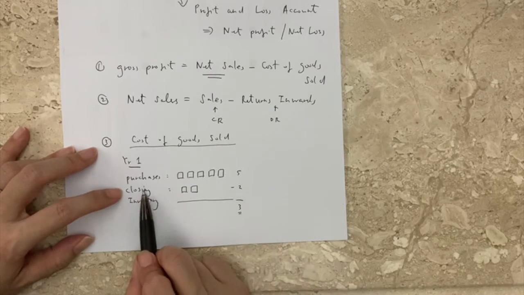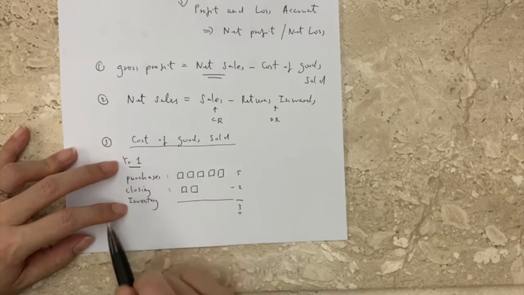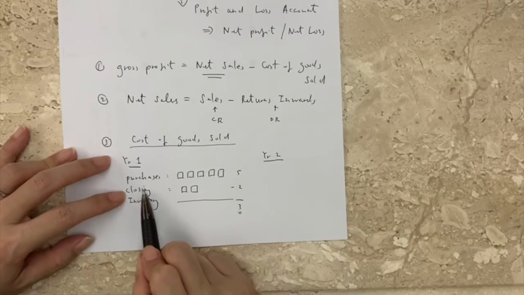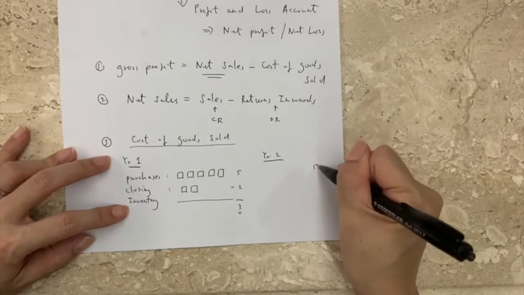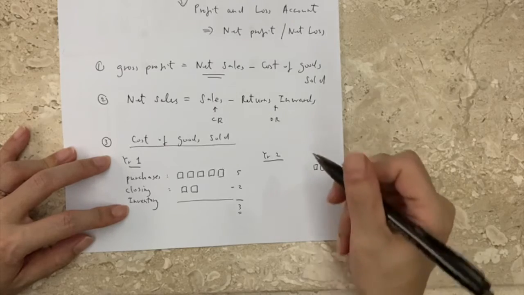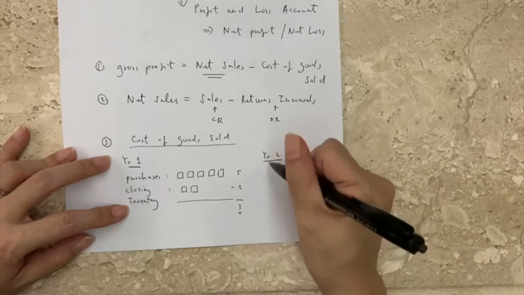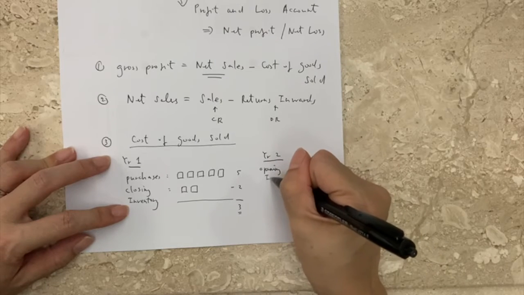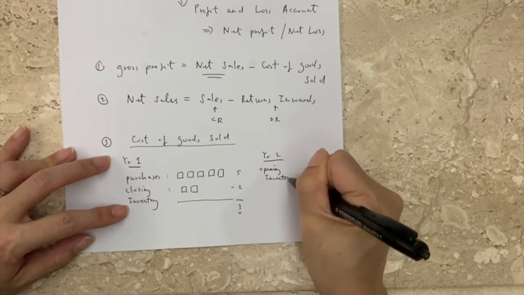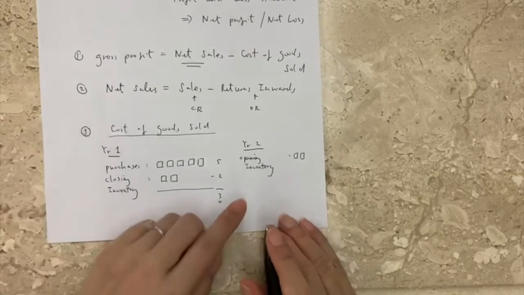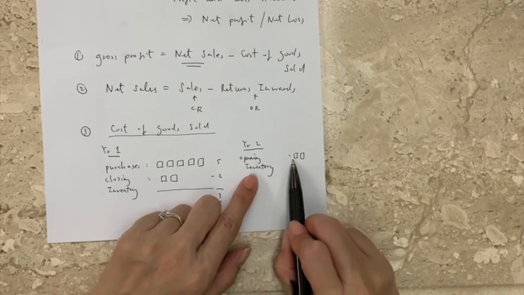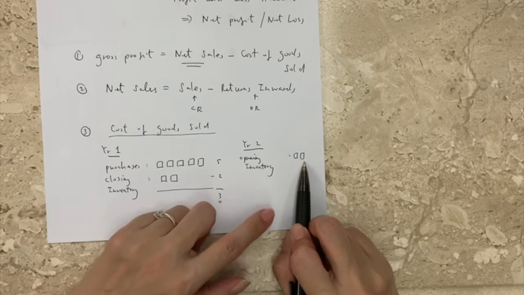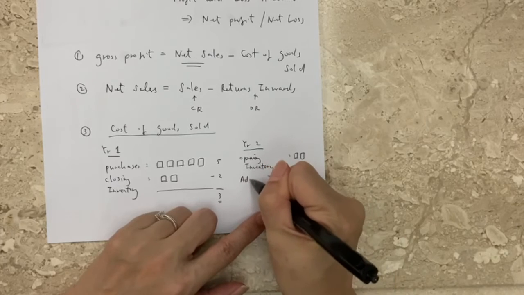The closing inventory in year 1 will be moved forward to year 2. So this closing inventory will be the opening inventory to begin with in year 2. Let's say in year 2 we start with 2 boxes of goods. However, this is not enough, so we need to go to the supplier to buy again.